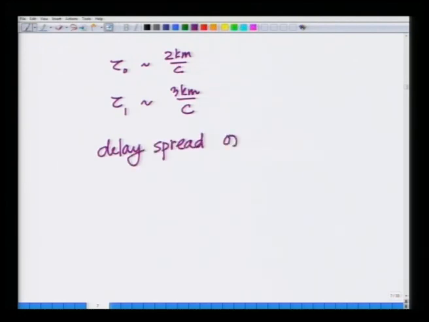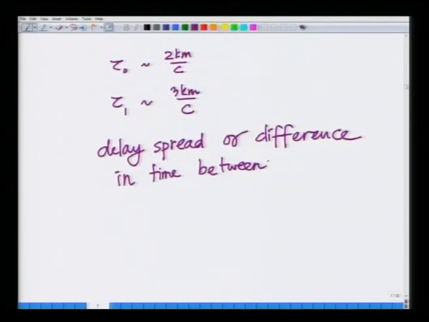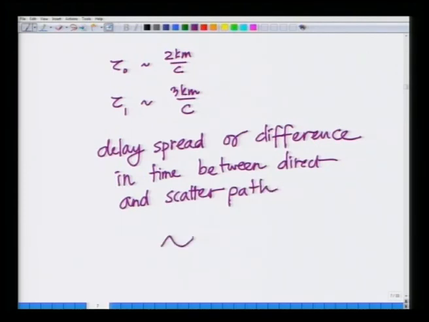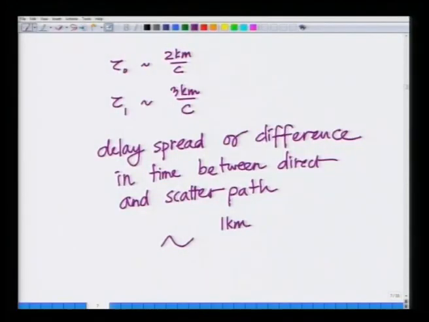the delay spread, or difference in time between direct and scatter path, is approximately the difference in distance, which is 2 minus 3 kilometers. These distances are of the order of kilometers, so the differences are also of the order of kilometers.